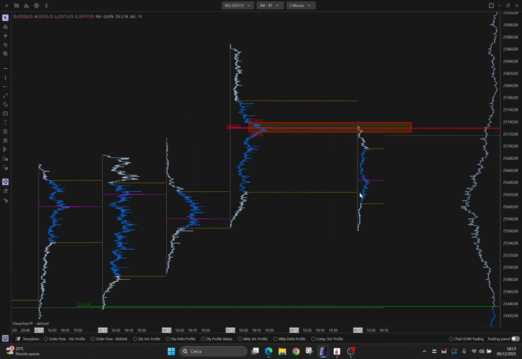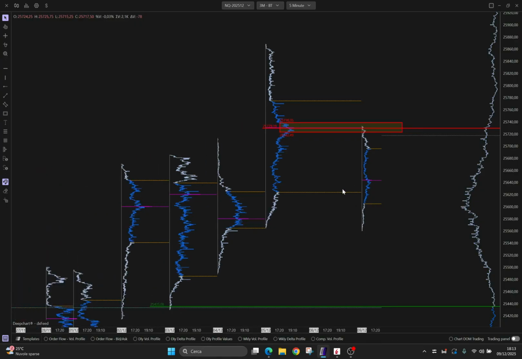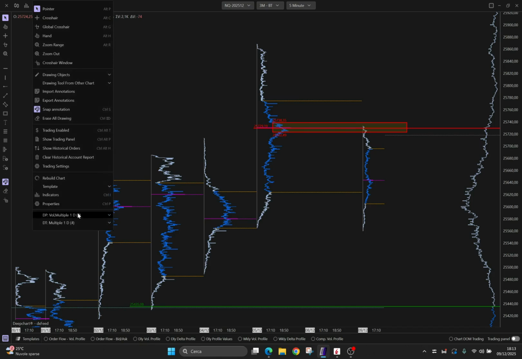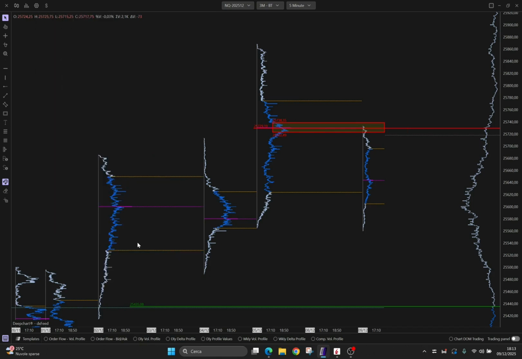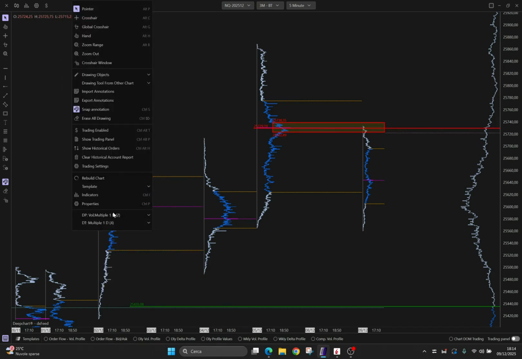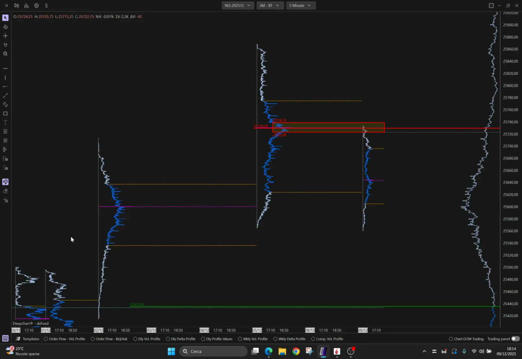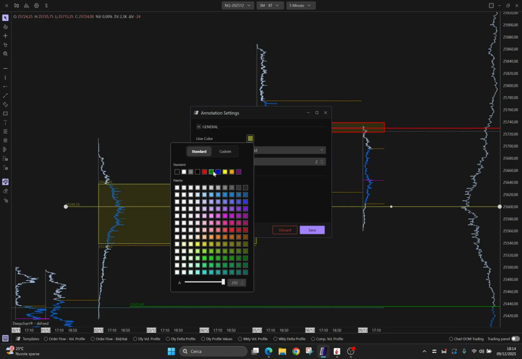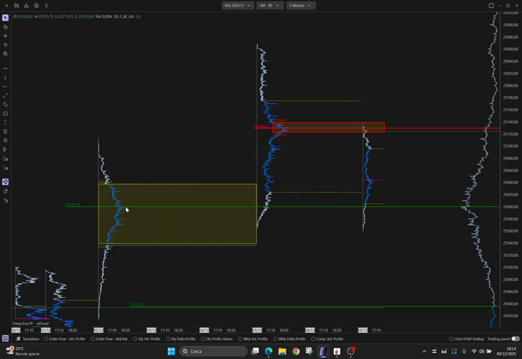Remember that if we only see the building of the value, we merge the previous, and we can also merge this one. So we have the consolidation range here, and the rejection of the POC here. This is where they built value.